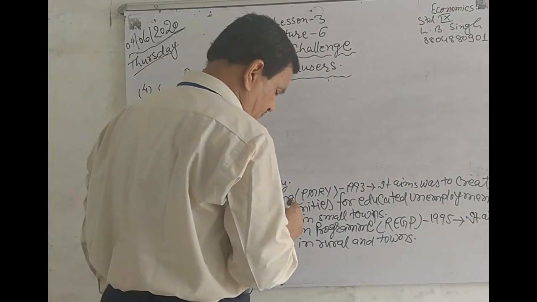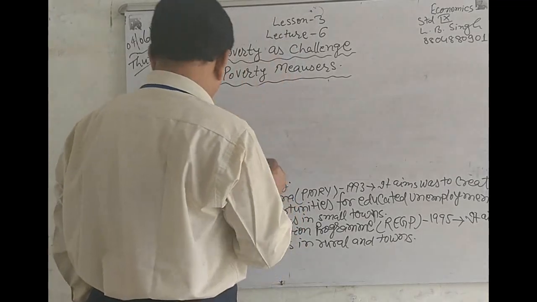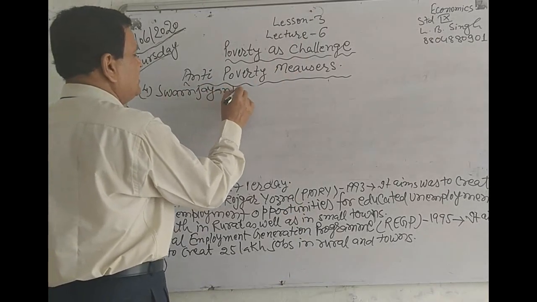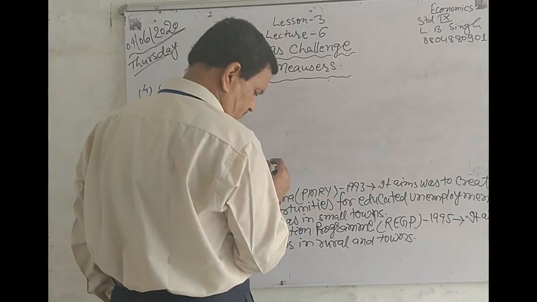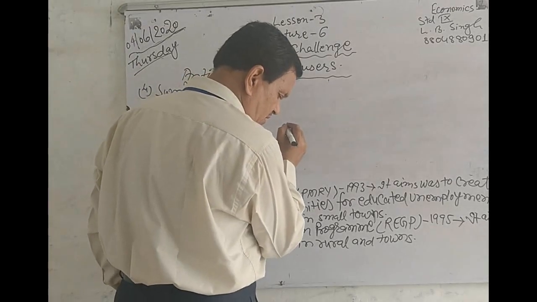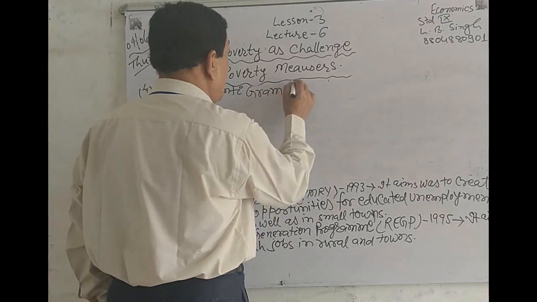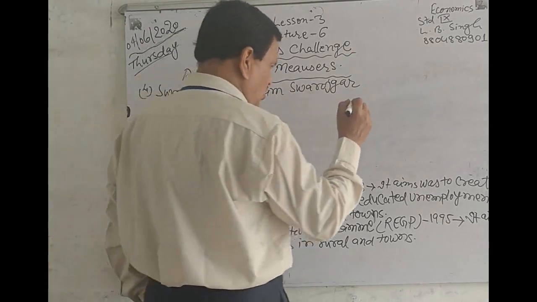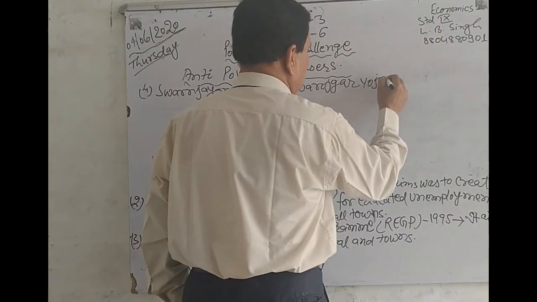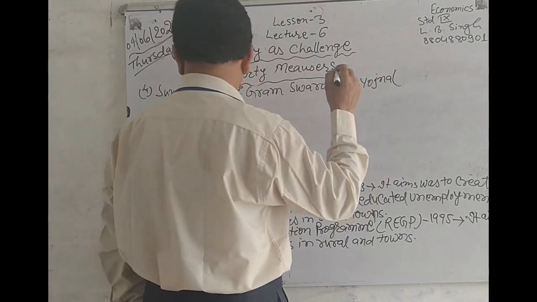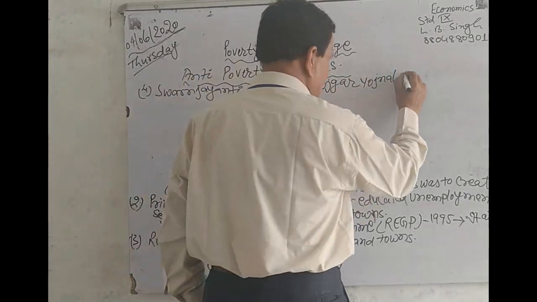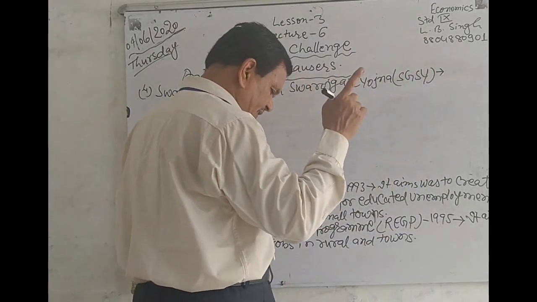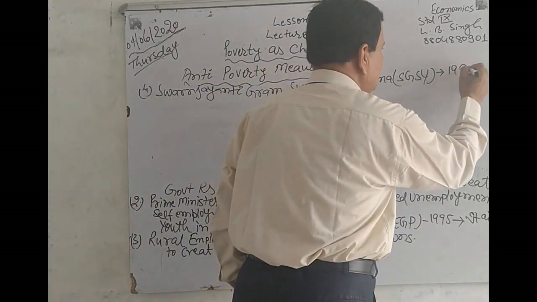Swarna Jayanti Gram Swarojgar Yojana. The short name of this one is SGSY, and it started in the year 1999.